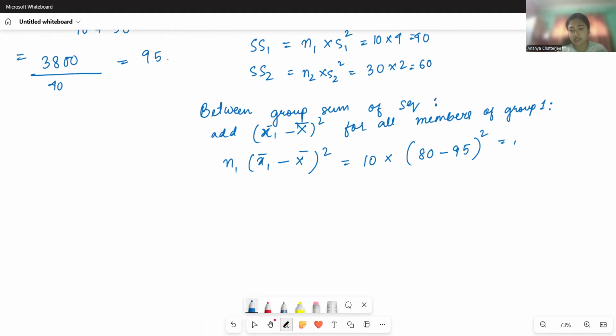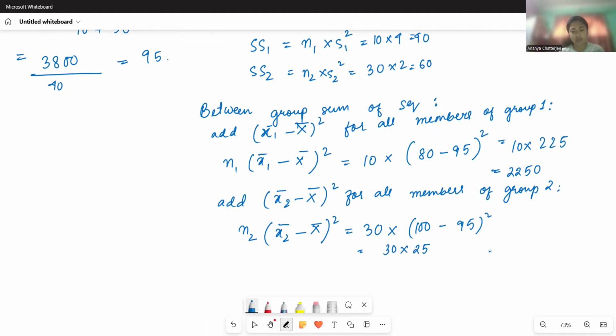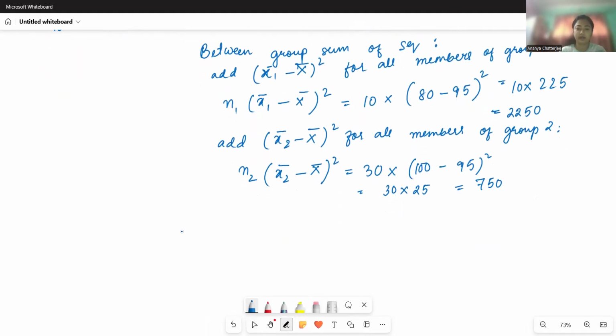So this is 10 into 225, which is 2250. Now we add the same thing, x2 bar minus x bar square for all members of group 2, that is n2 times x2 bar minus x bar whole square, 30 into 100 minus 95 square, that is 30 into 25, 750, correct?